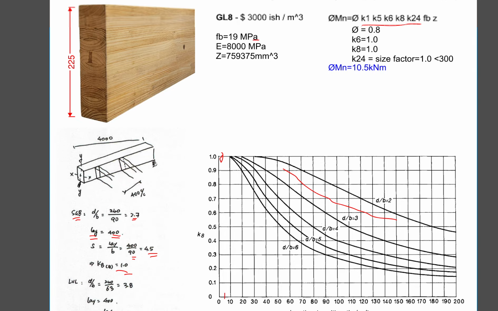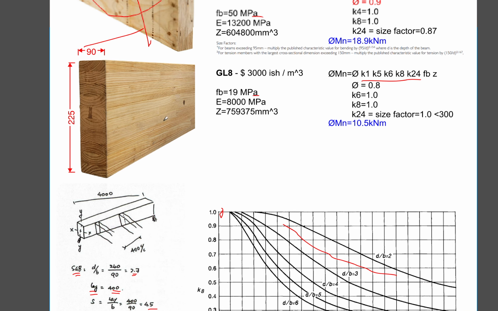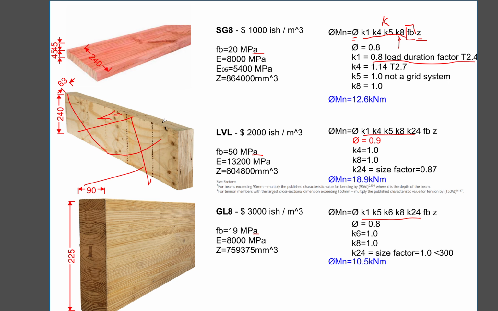That means your beam is quite stable and rigid, it is not trying to twist or rotate. So this is the K8 factor you need to pay attention to. That's important when it comes to bending design. The rest would be just the typical K1, K4, K6, and so forth.